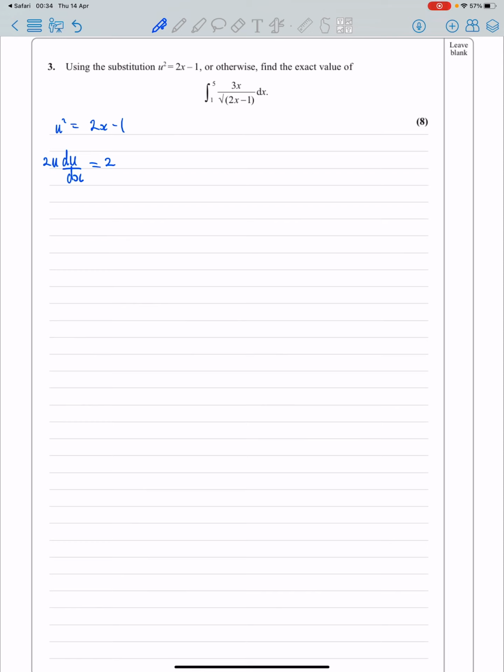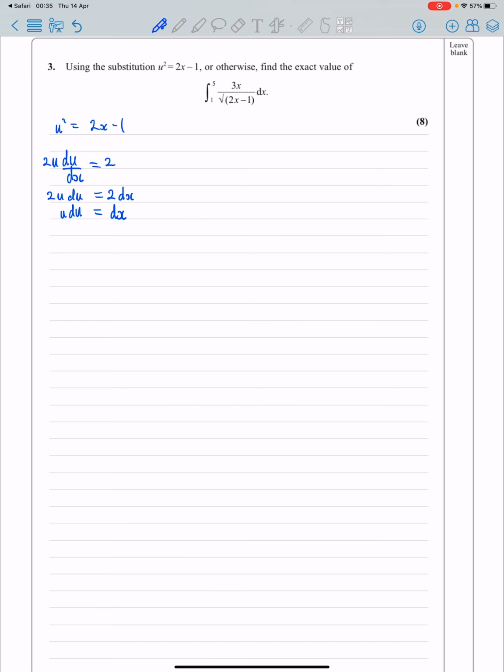Okay, lovely stuff. Now we have 2u du equals 2 dx, treating the du dx like a fraction. We can also cancel down the 2, so we're just left with u du equals dx.